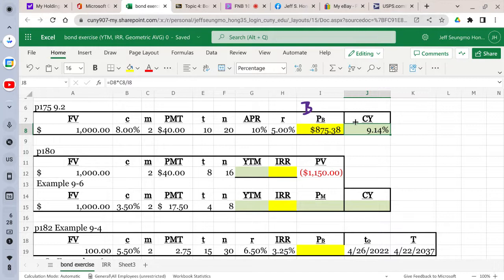But for the purpose of current yield, you will have to divide by the market price, because that's the price you have to pay no matter what. In this example, I use the intrinsic value as the market price because, in the case of bonds, the difference between intrinsic value and market price is not that significant.